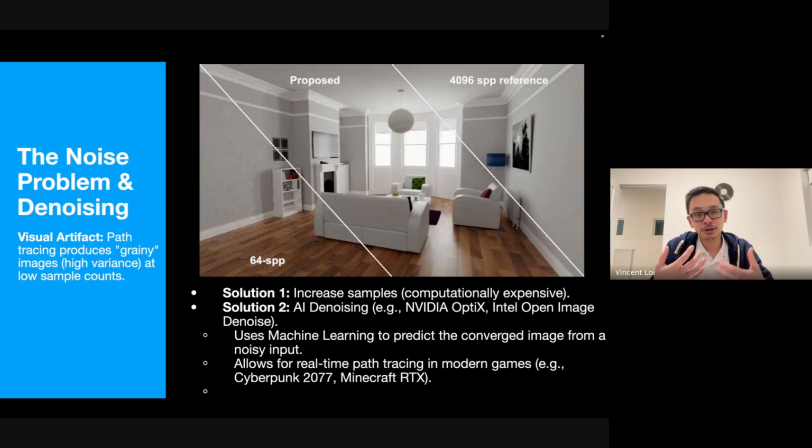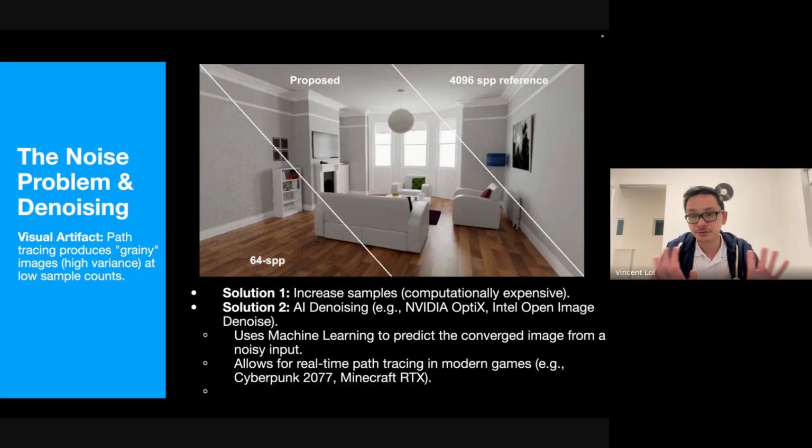So to achieve noiseless images, they rely heavily on denoising techniques, like NVIDIA OptiX, or DLSS, some of the denoising technology, to remove all the noise from the rendering.